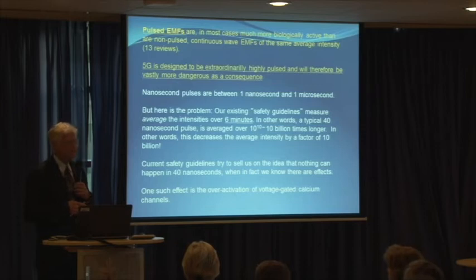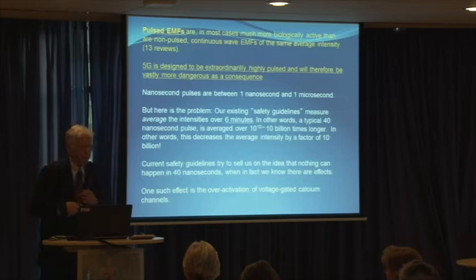So the requirement on ICNIRP, the regulatory authorities, and the European Commission is obvious: you need to throw out these safety guidelines. And yet all of these organizations are embracing them, and it's complete and utter scientific nonsense.